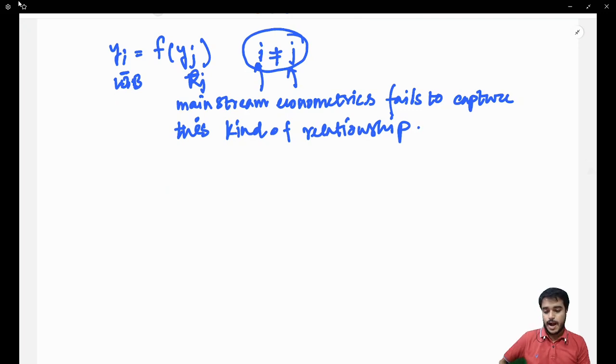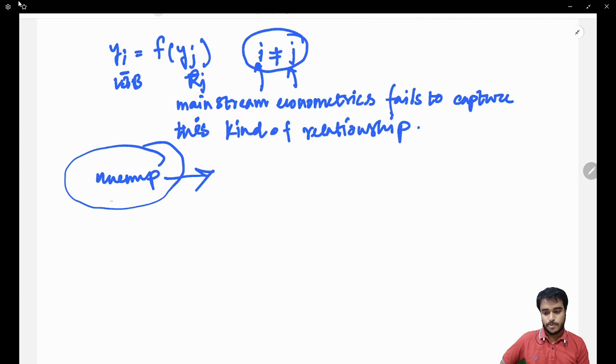Suppose unemployment is a very big issue currently in India, and unemployment is related to the location of the person who is employed or unemployed, and their consumption pattern is related with the consumption pattern in Rajasthan, or suppose Gujarat.